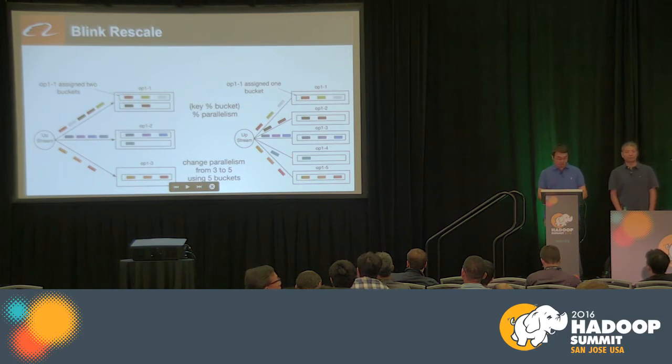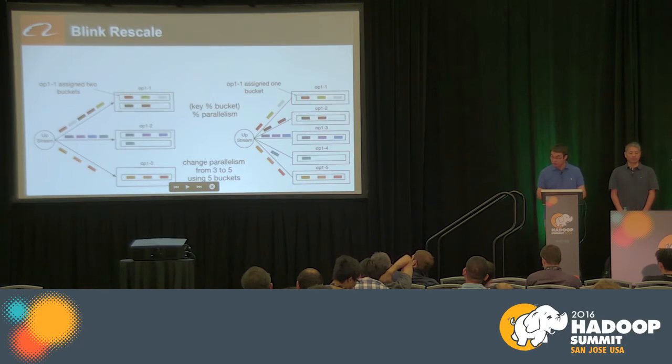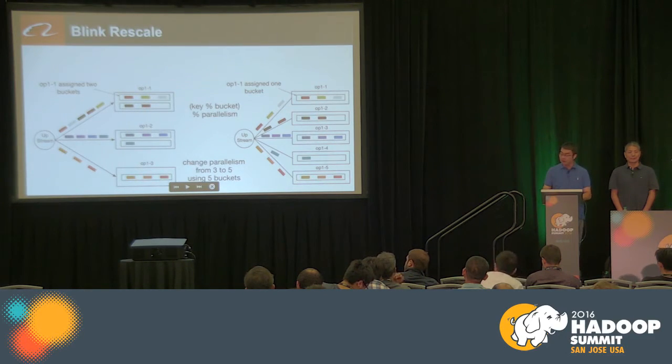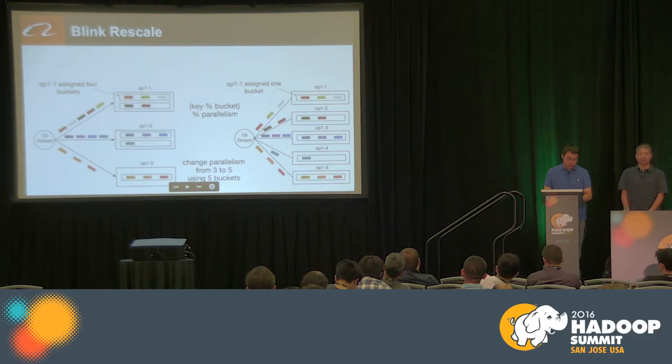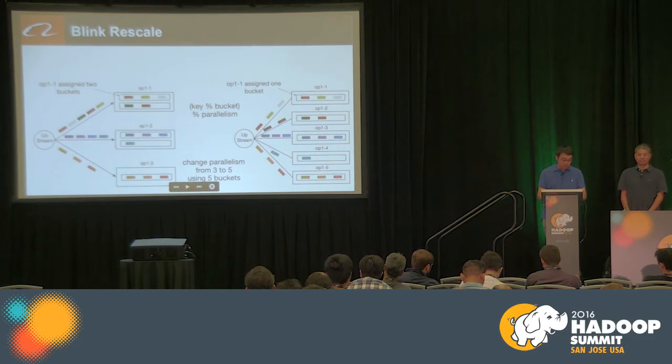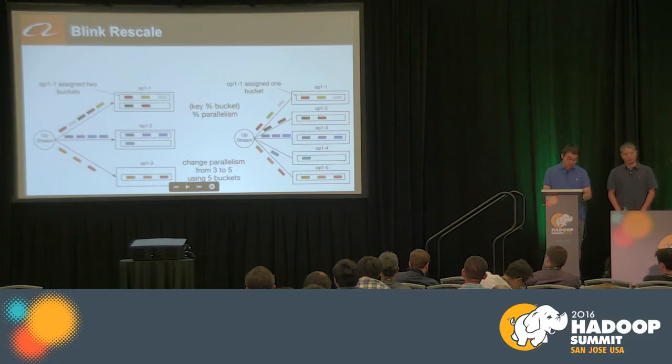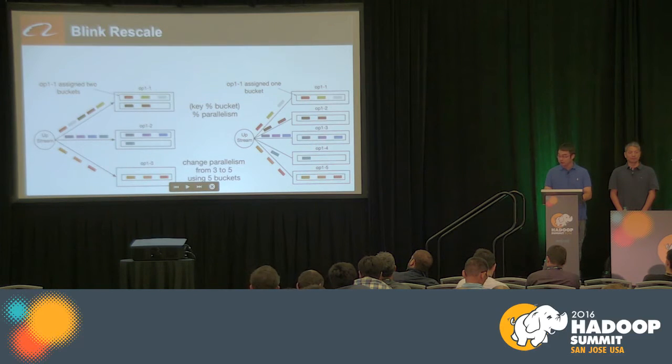First, Blink maps the key spaces to different buckets, then assigns different buckets to different operator partitions. This decouples the state storage partition from the operator parallelism. So by this method, the operator parallelism can be changed dynamically within the bucket size. So Blink can rescale the job graph in our production.